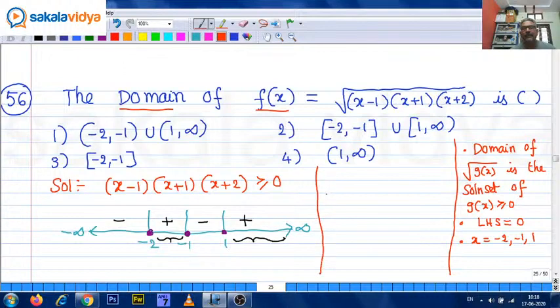Domain of f is closed -2 comma -1 closed, union closed 1 to infinity. Understood all of you? It is very important. So that means this is the second option. Now you got it.